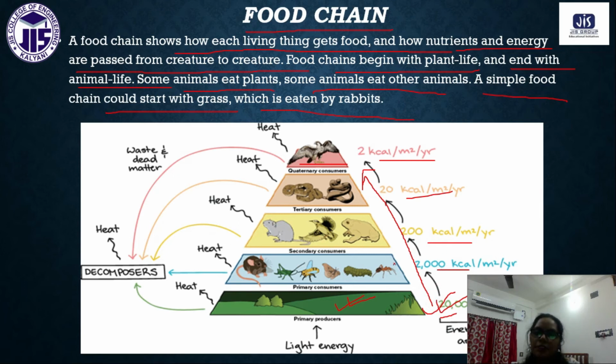Next we have the primary consumer, then secondary consumer, then tertiary consumer, and then the quaternary consumers. And where are we getting this energy from? Generally we are getting this energy from the light energy. Okay, so this is all about the food chain.